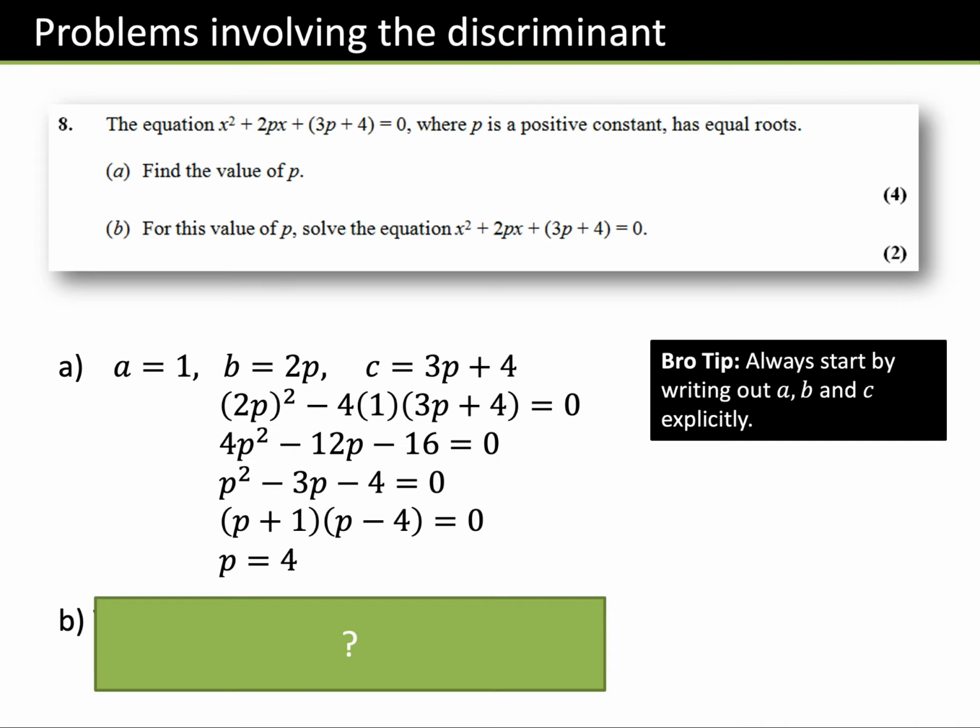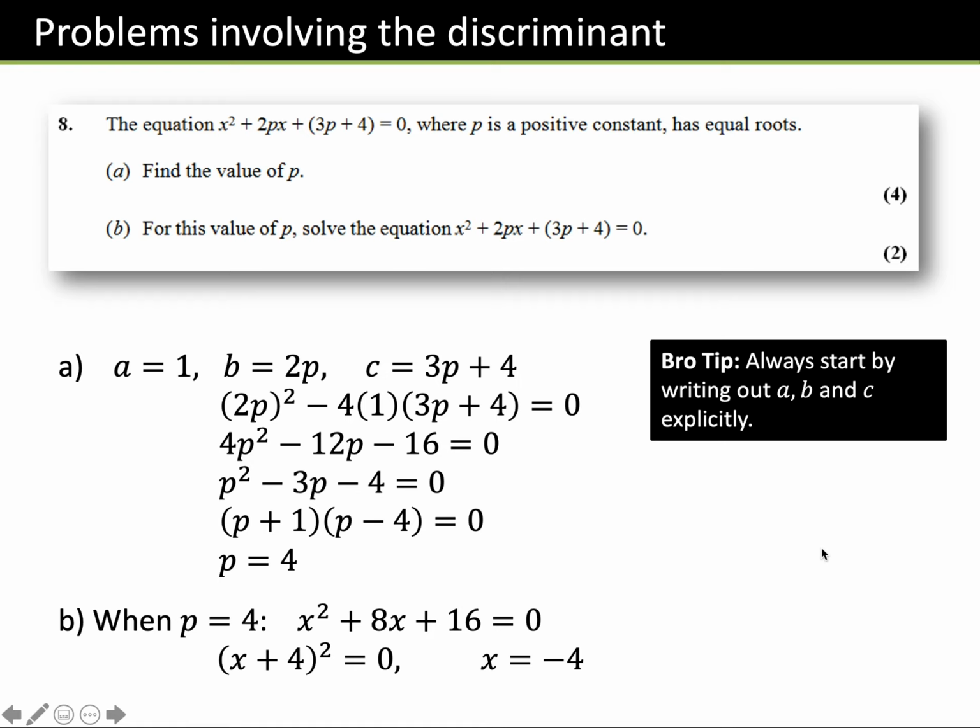So p squared minus 3p minus 4 equals 0. Factorize to get p plus 1, p minus 4 equals 0. We are only interested in positive values, so p must equal 4.